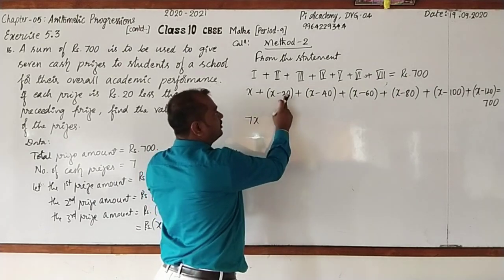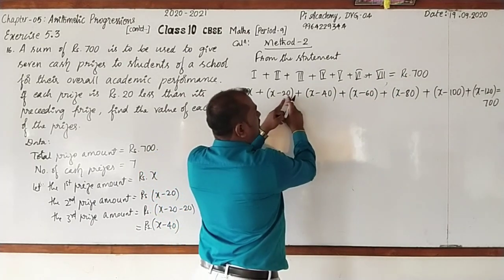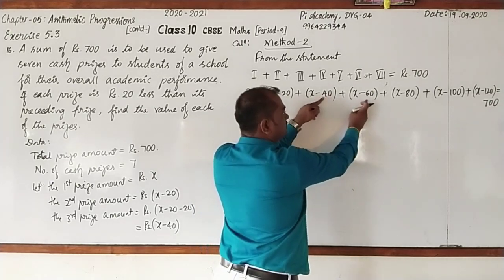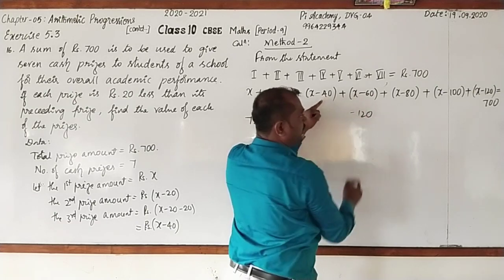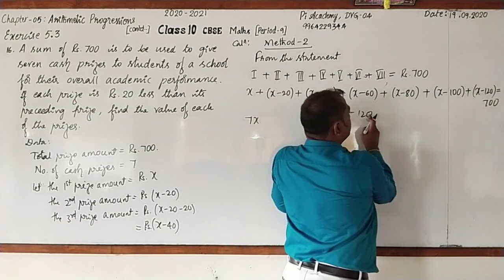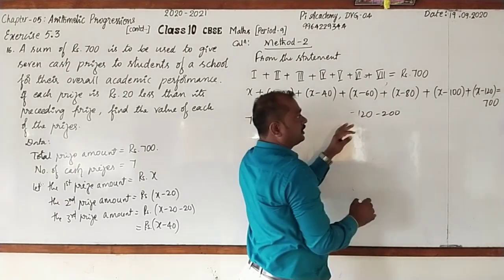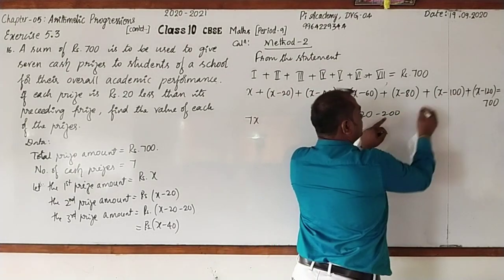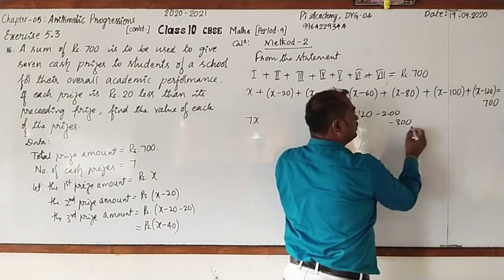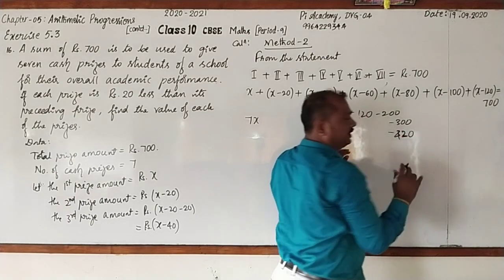Then add the constants, minus 20 minus 40 up to there. It is minus 20 minus 40 is minus 60. Minus 60 minus 60 is minus 120. Next one, minus 120 minus 80, it is minus 200. Minus 200 minus 100 is minus 300. Minus 300 minus 120 is minus 420.